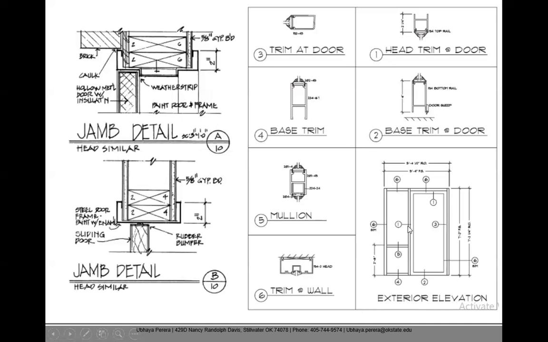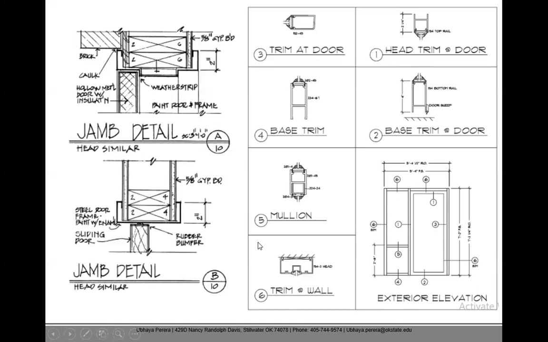That's why he put 1 here as well. Number 2, that's the base. Number 3, the sides. 4, 5 is the mullion here, and the base of this window panel, fixed panel, and 6, the side trim at wall.